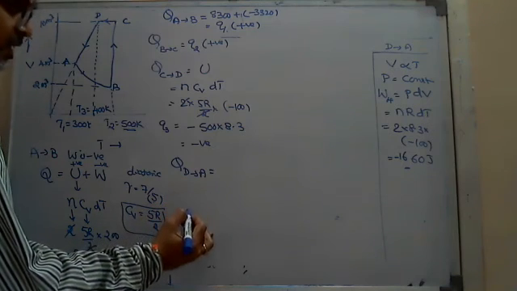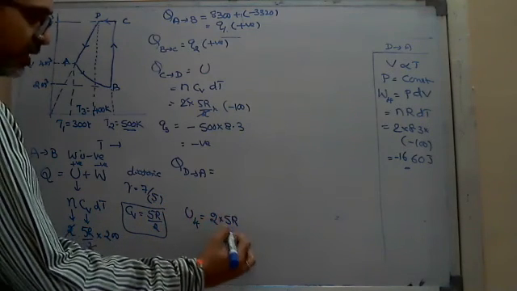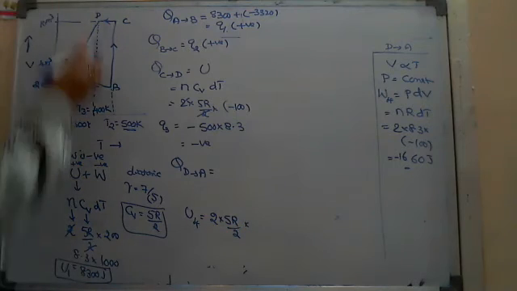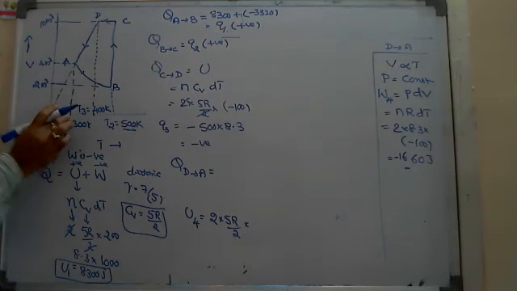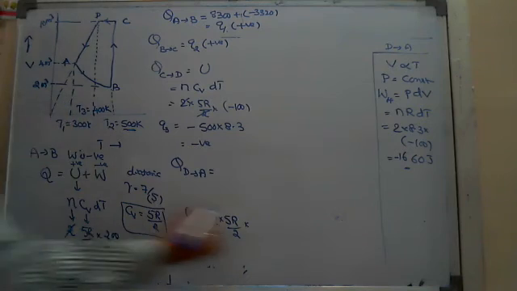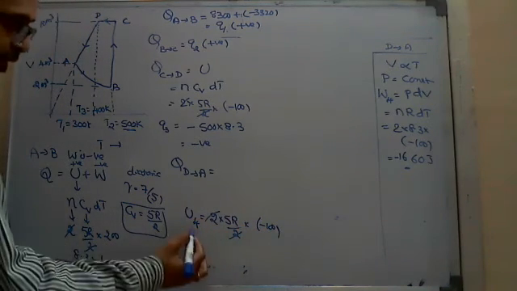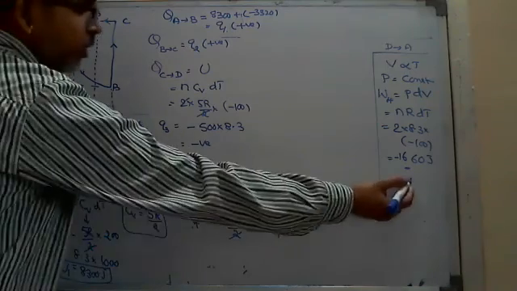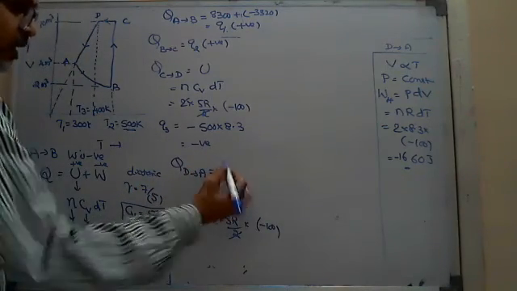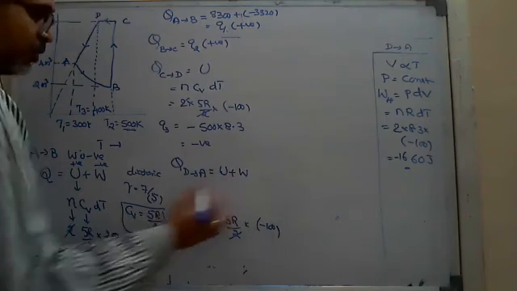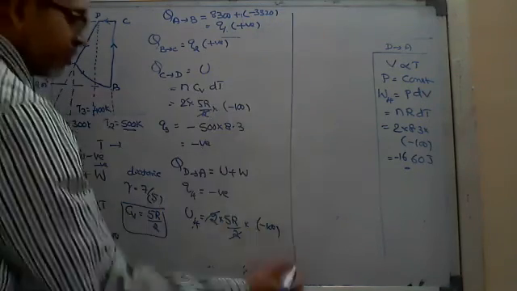Internal energy U4 equals NCV into dt, D to A, temperature changes from 400 to 300. 400 decreases, so minus 100. So no need to solve this one. U is negative, W is negative, so I am getting negative. U plus W, let it be Q4, it is negative.